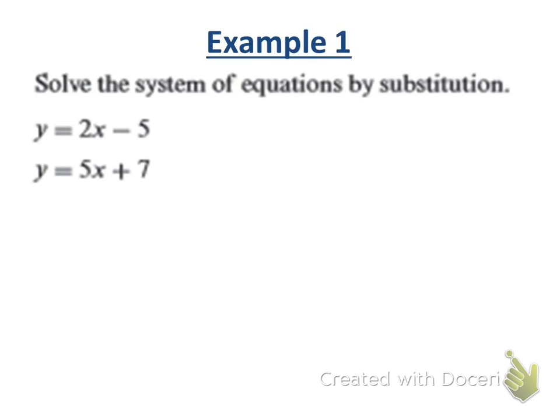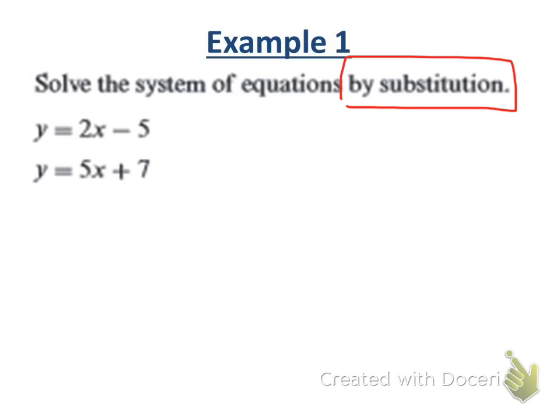Now, we need to talk just a second about what substitution means. What do we mean by substitution? When are we allowed to substitute? We're allowed to substitute expressions that are equal to each other, right? And we're used to doing this.